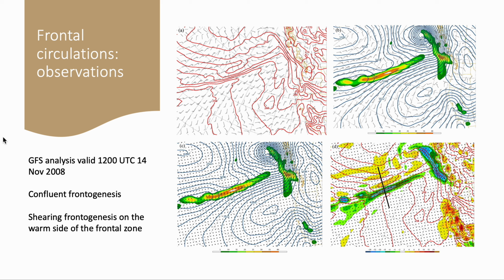Okay, so this is an example of a front, and this is, again, some day in November 2008. This is the west coast of North America. It's a pretty decent front over here. Here it's just showing 10-meter wind barbs and 1,000 hectopascal isentropes. Here we have the 10-meter wind barbs, sea level pressure, and we also have the frontogenesis function. And here we have frontogenesis by confluence, okay?